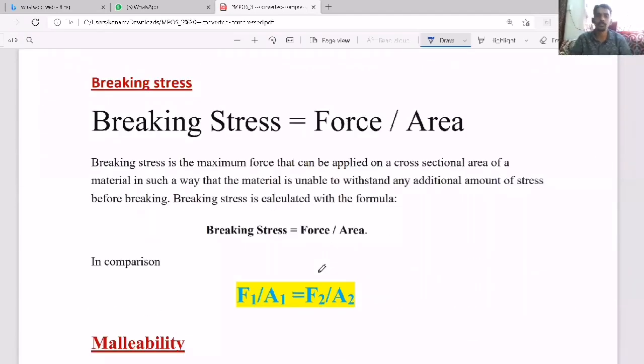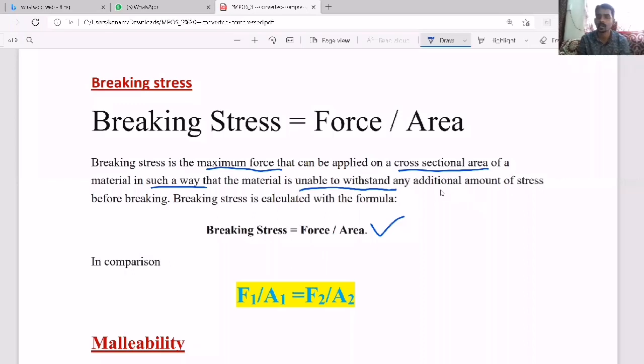Now, the next important point is breaking stress. We already understood what breaking stress means, and the formula is nothing but force by area. Breaking stress is the maximum force that can be applied on a cross-sectional area of a material in such a way that the material is unable to withstand any additional amount of stress.